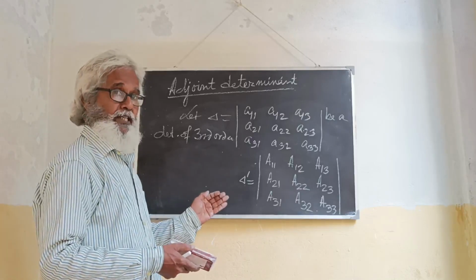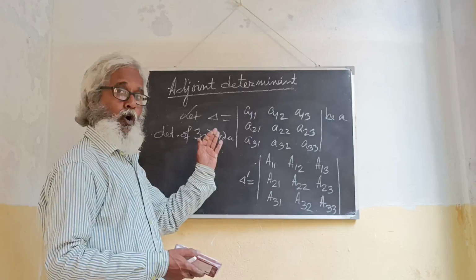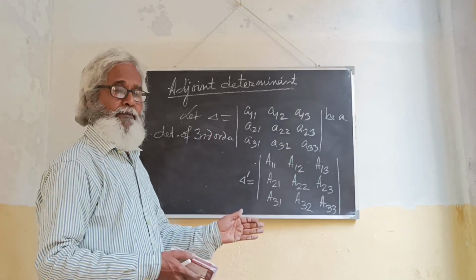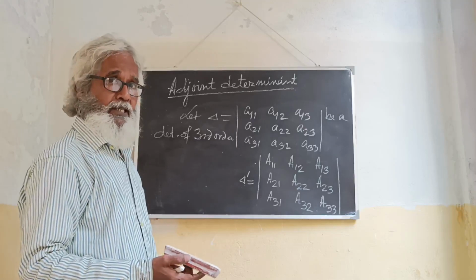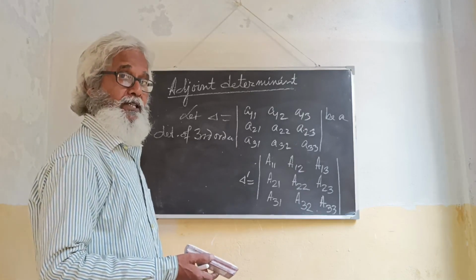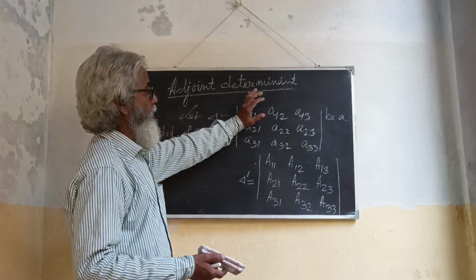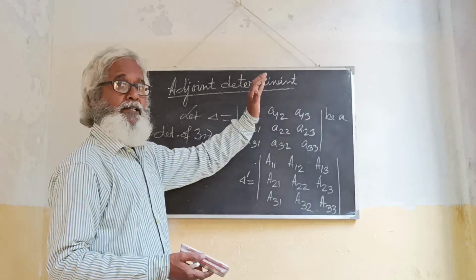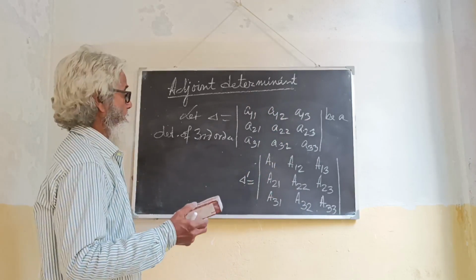Delta dash is nothing but adjoint determinant of the given determinant delta. What is adjoint determinant? Adjoint determinant is the determinant whose elements are the cofactors of corresponding elements of the given determinant. So this is the adjoint determinant. Okay?